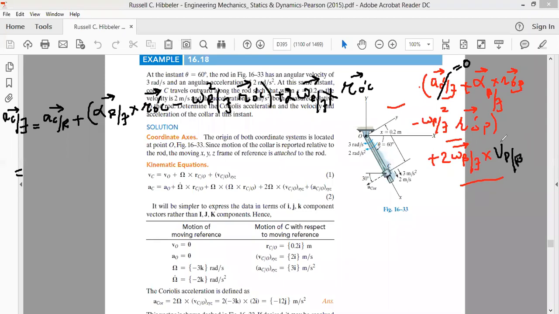Yes, I'm sorry for making this error. So the correct term here is velocity of P with respect to beta, that is velocity of collar with respect to beta, and our beta is rod, that is velocity of collar with respect to rod.